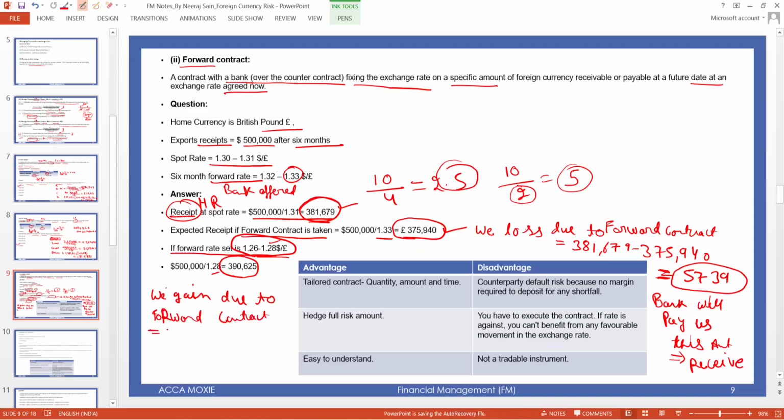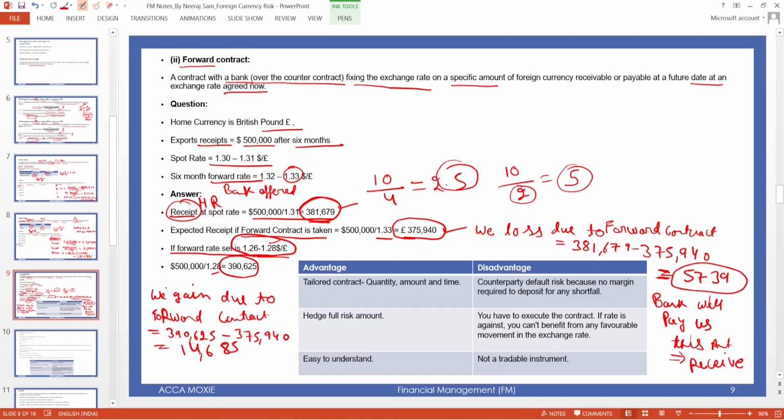How much do we gain? We gain 14,865 due to the forward contract.